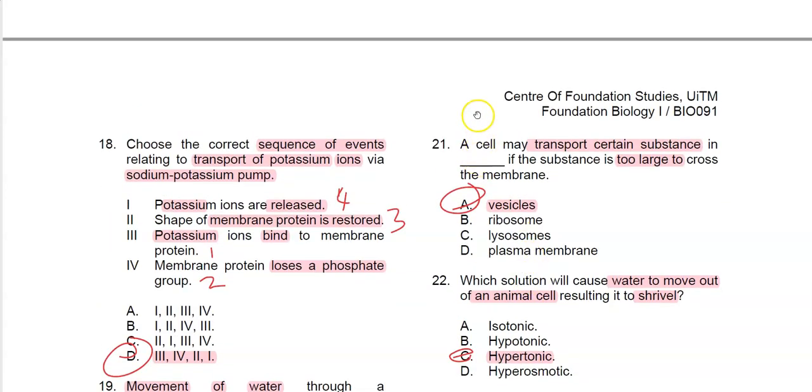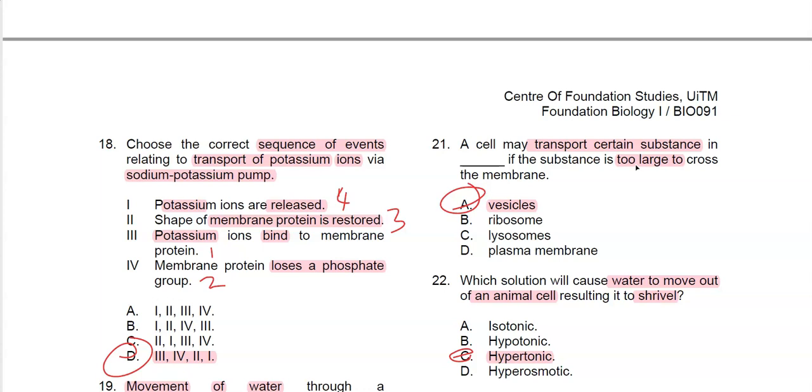Number 21. A cell may transport certain substances in vesicles if the substance is too large to cross the membrane. If the substance is too large, it cannot depend on a carrier protein to transport it.